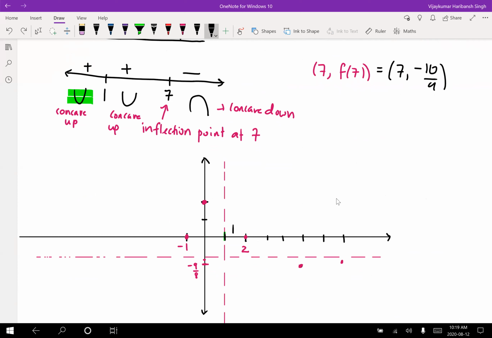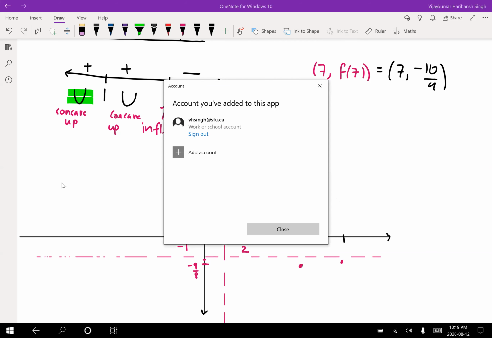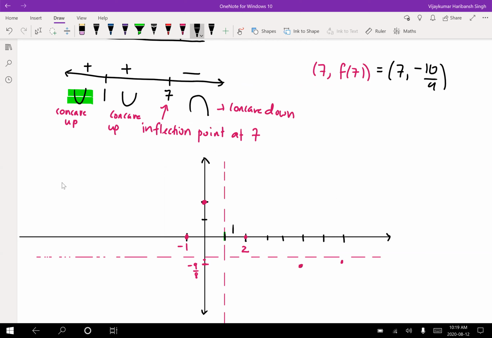Concave up, it comes to cut the x-axis at the x-intercept. Then it cuts the y-axis at the y-intercept, still concave up, and keeps on increasing.